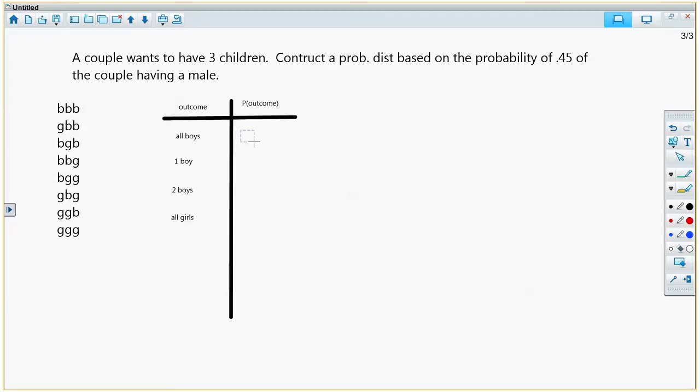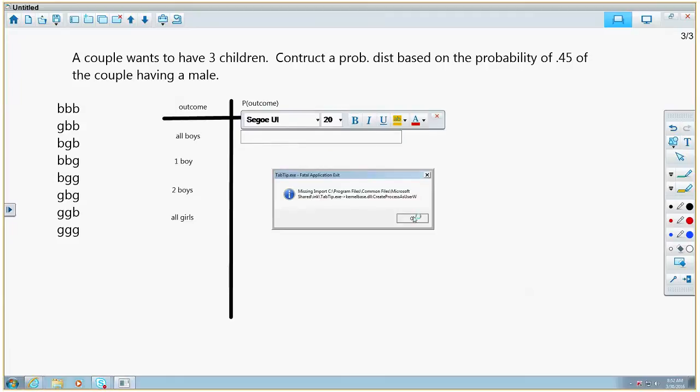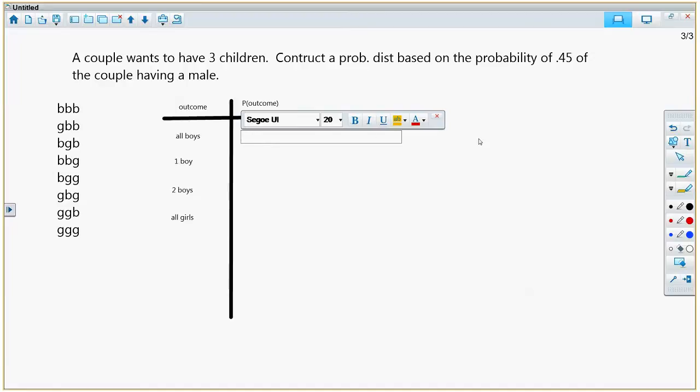Well, what is the probability of, with this couple, having a boy? 0.45. So we want to see the probability of a boy and a boy and a boy.